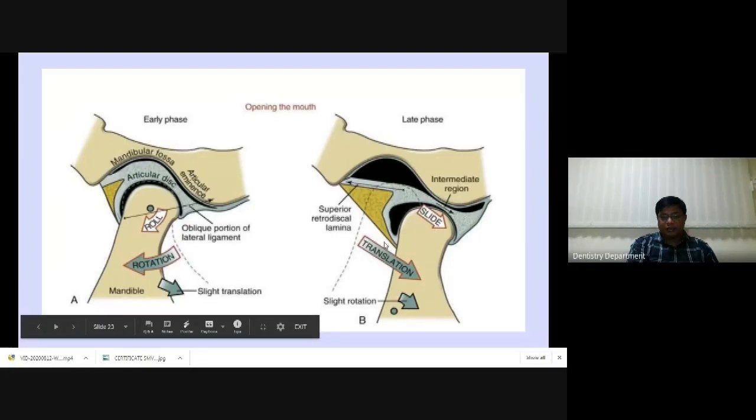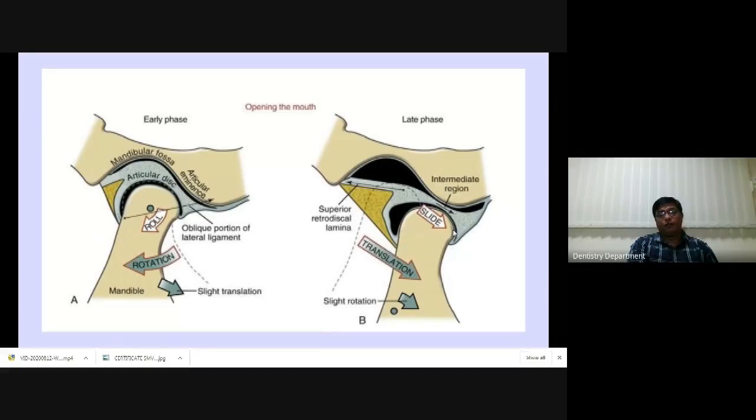That is, it slides and comes in front of the eminence. So that is the translation movement. That's why we get almost 40 mm of mouth opening. The first half is rotation, the second half is translation. This is very important because when we come to TMD, we are going to see there are a lot of problems in the phase between rotation and translation.